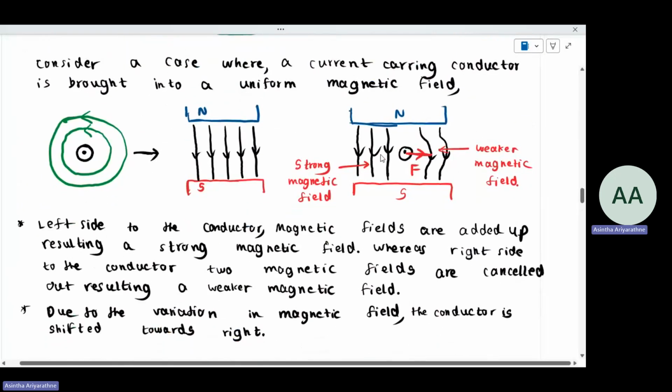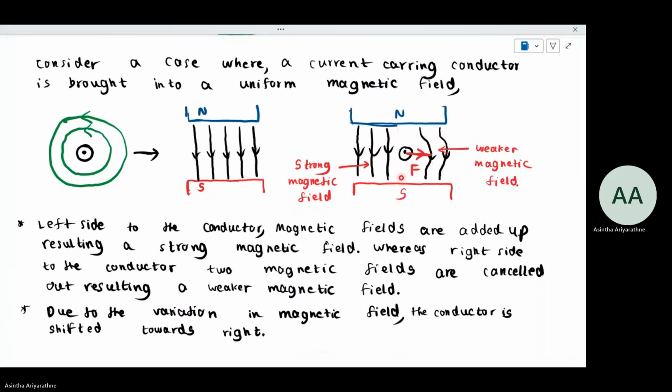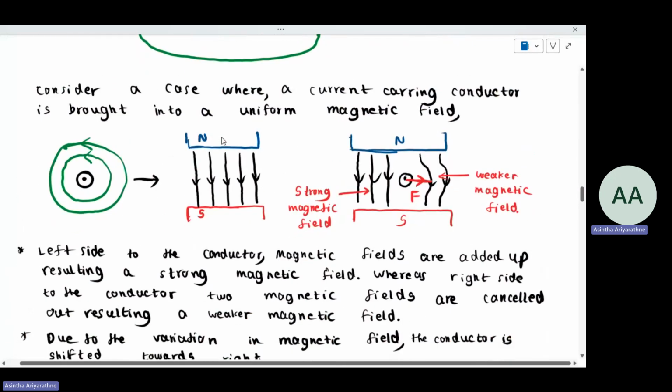So you can try this. Say the magnetic field is downward and the current is outward from the whiteboard. Then you can use Fleming's rule to find the force on the conductor and check whether it is correct.